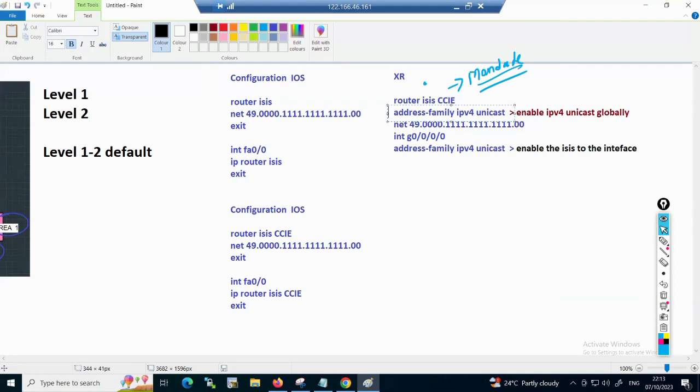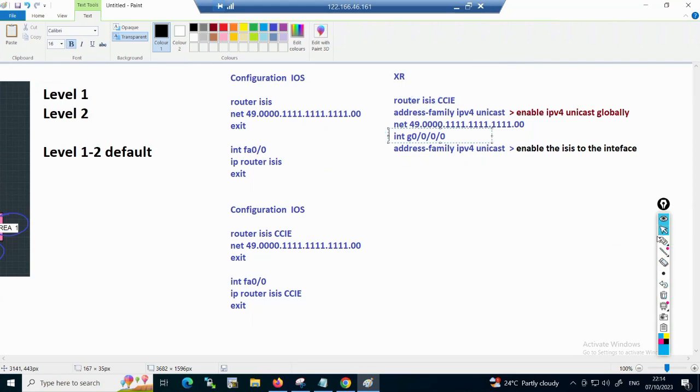But I also need to tell this device about the interface, because on a single interface you can configure an IPv4 address and an IPv6 address. So I'm telling it that on this particular interface I'm going to enable the IPv4 ISIS protocol, not the IPv6 one. You need to enable the address family over there as well.